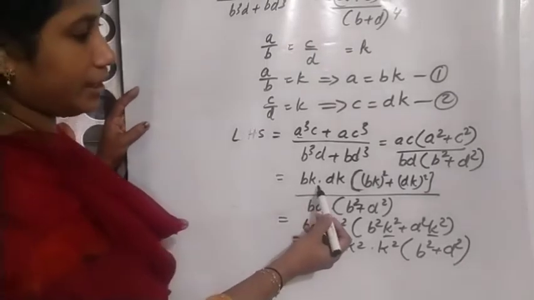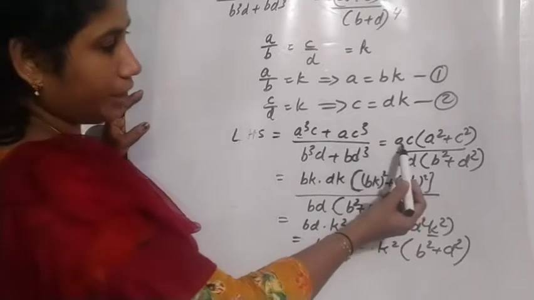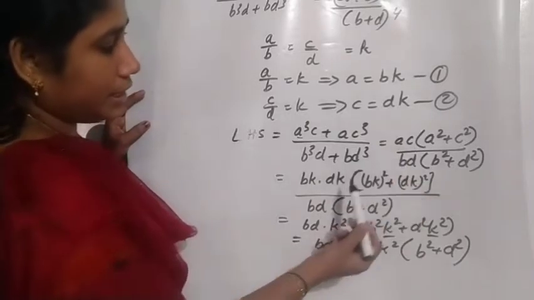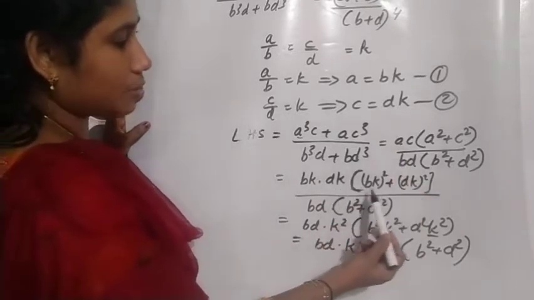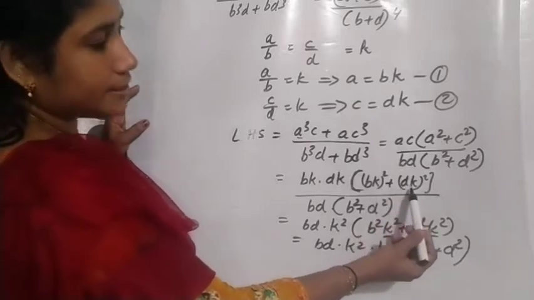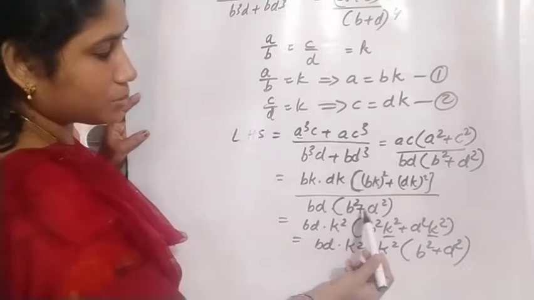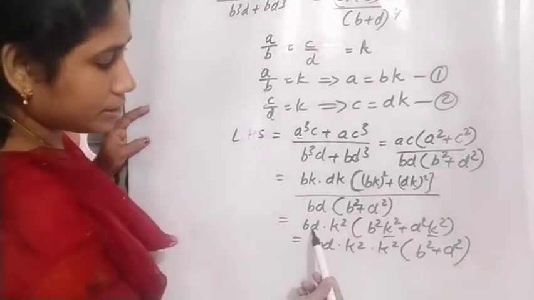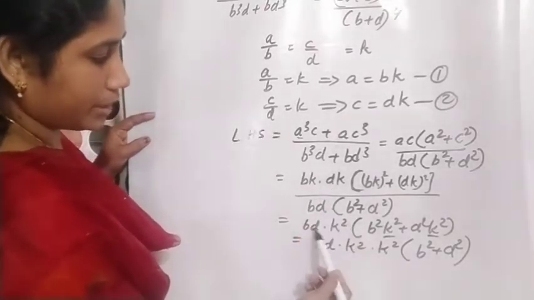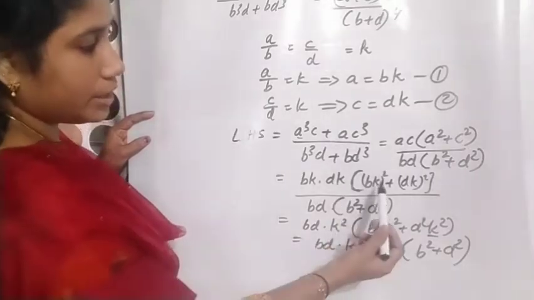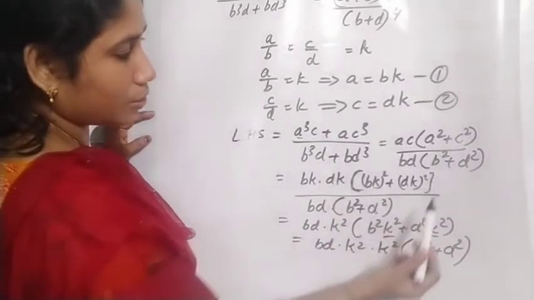Look at this, BK into DK, that means value of A is BK and value of C is DK, and A square means BK square, C square means DK square, whole divided by BD into (B square plus D square), and in this numerator B into D together, K into K, K square. For this numerator K square is common, no?